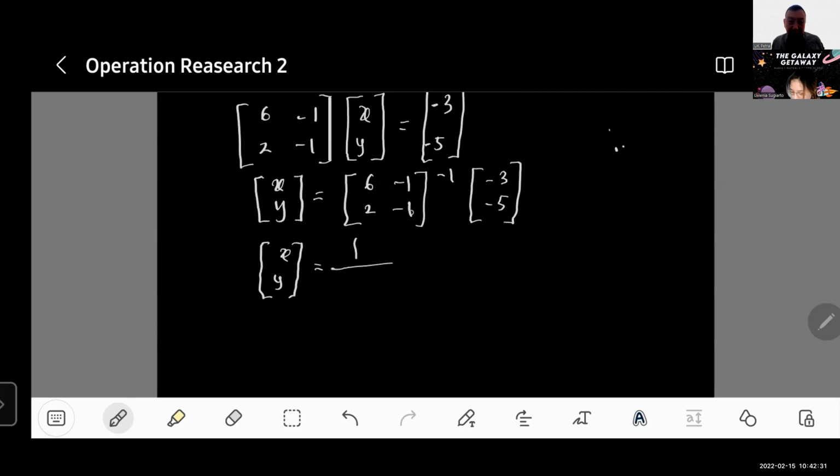Yes. So 6 minus 1, minus 1, minus again. Correct. Then switch this mistaken one like this, then multiply by minus 3, minus 5. Okay, what do you get?